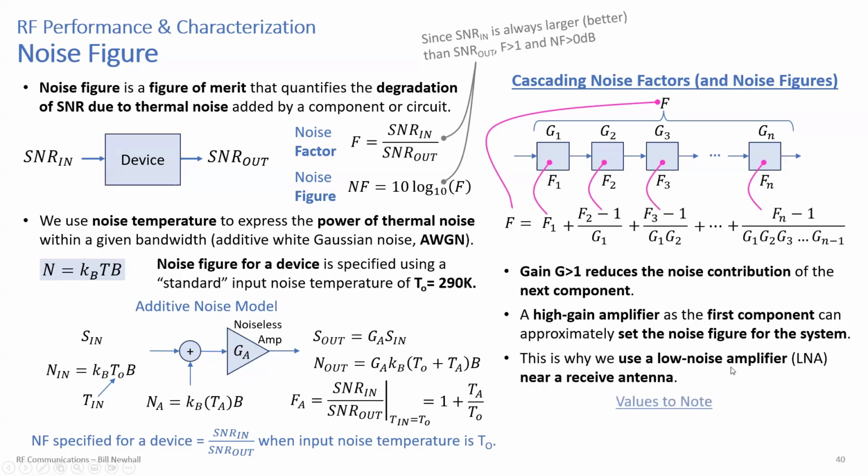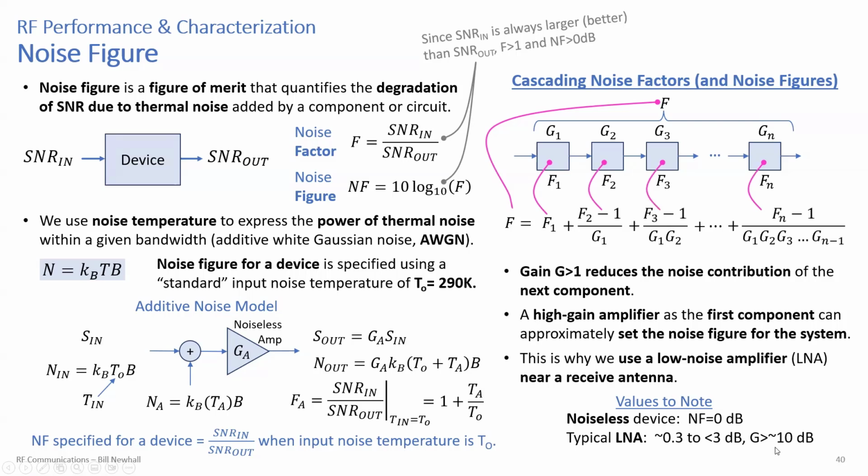When talking about noise figure, there are a few values to note. So a noiseless device has a noise figure of 0 dB. You can't achieve that, but that's as low as you could possibly go. A typical LNA might have a few tenths of a dB noise figure, and usually less than about 3 dB noise figure.